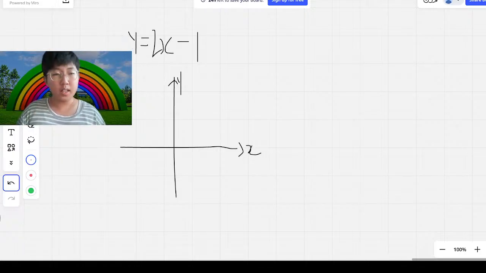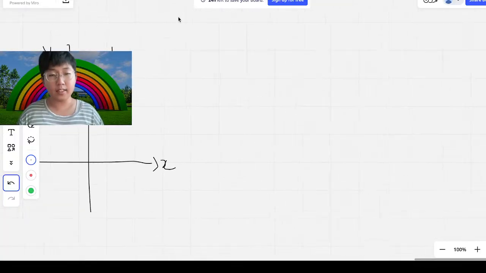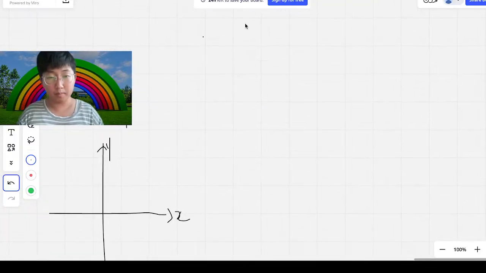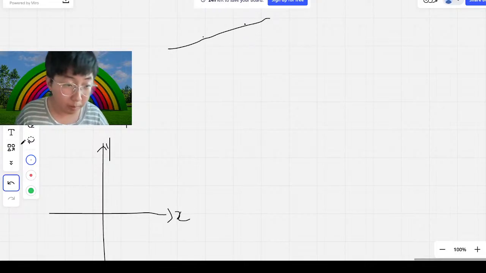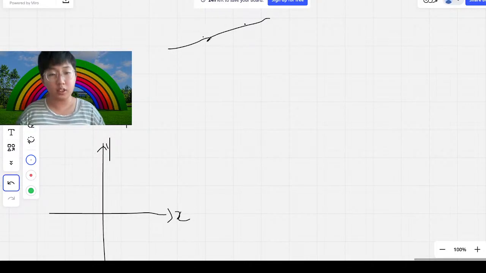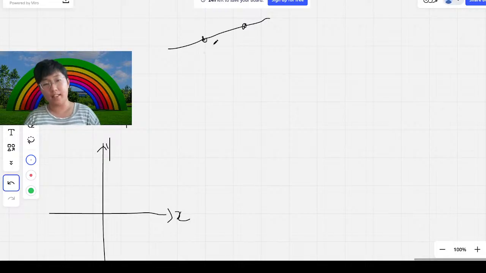Well, a line is defined by 2 points. If we have 2 points, we can actually draw a straight line through them. Well, that's not the best line, but let's assume that these 2 points here, and then this is the line. If we have another point on the line, then it does help us further define it, but 2 points are more than enough.